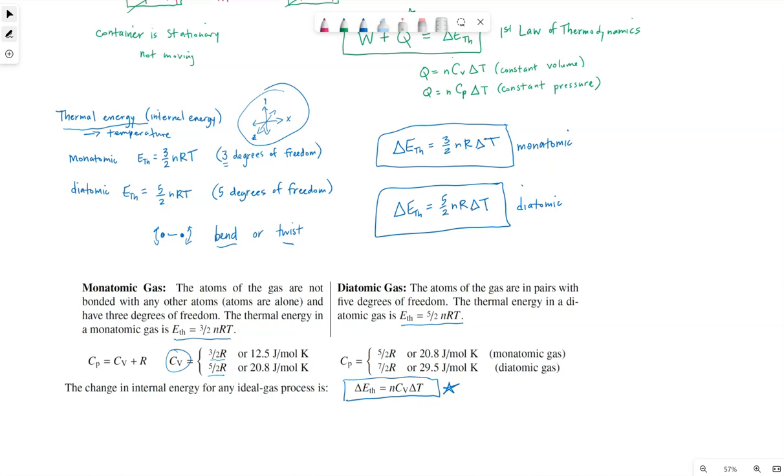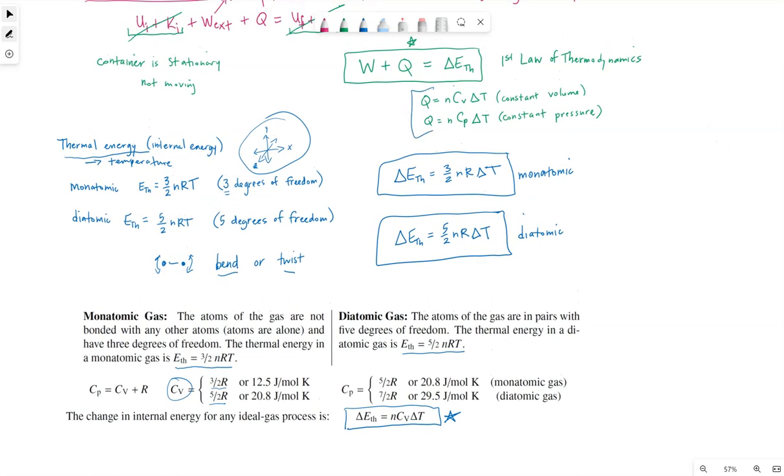We do have to know if the gas is monatomic or diatomic in order to use the equation though. Similar to our heat equations. These heat equations, we also need to know if the gas is monatomic or diatomic because these constants depend upon which type of gas we have. Okay?